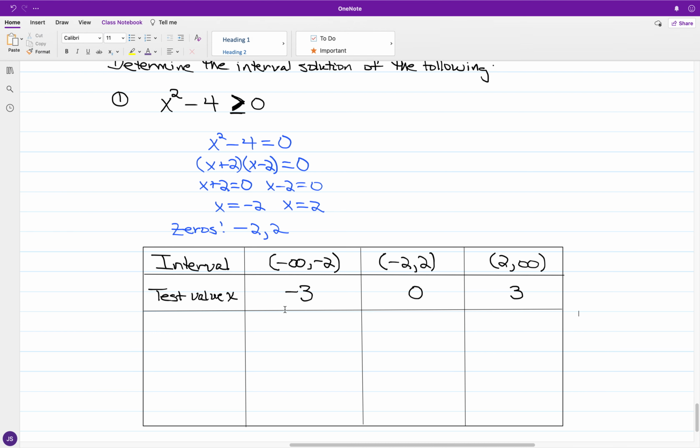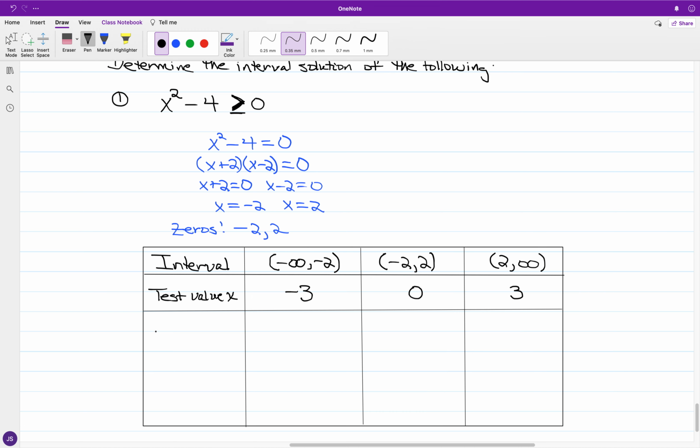Now, in terms of what I'm going to do with these numbers, we started out compared to 0 with x squared minus 4, so f of x equals x squared minus 4. For f of negative 3, plugging in negative 3 for x, the square of negative 3 is a positive 9. We have minus 4, so 9 minus 4 is equal to 5.